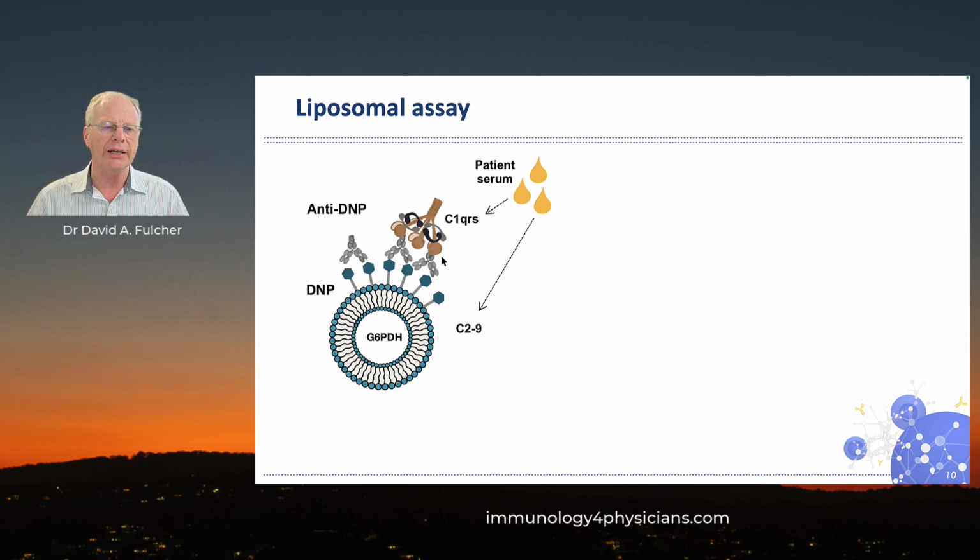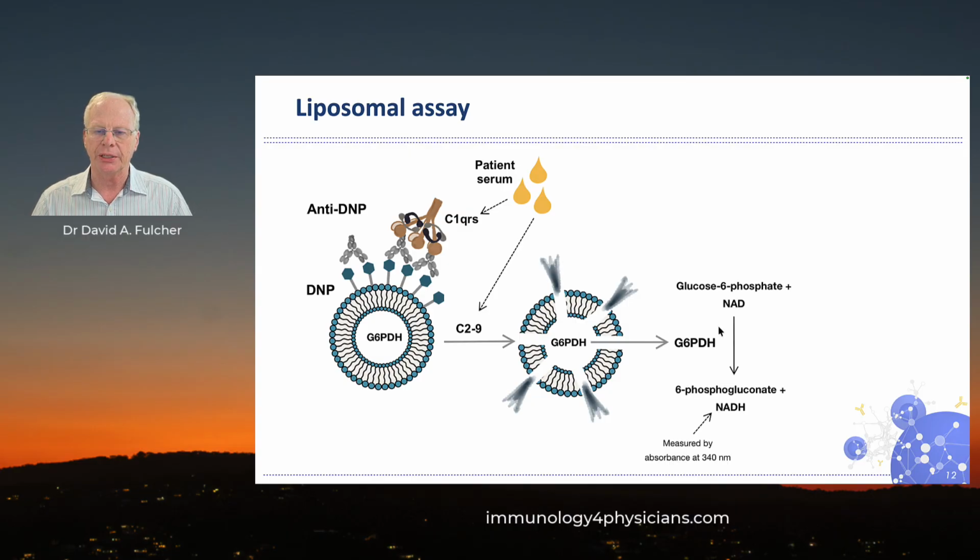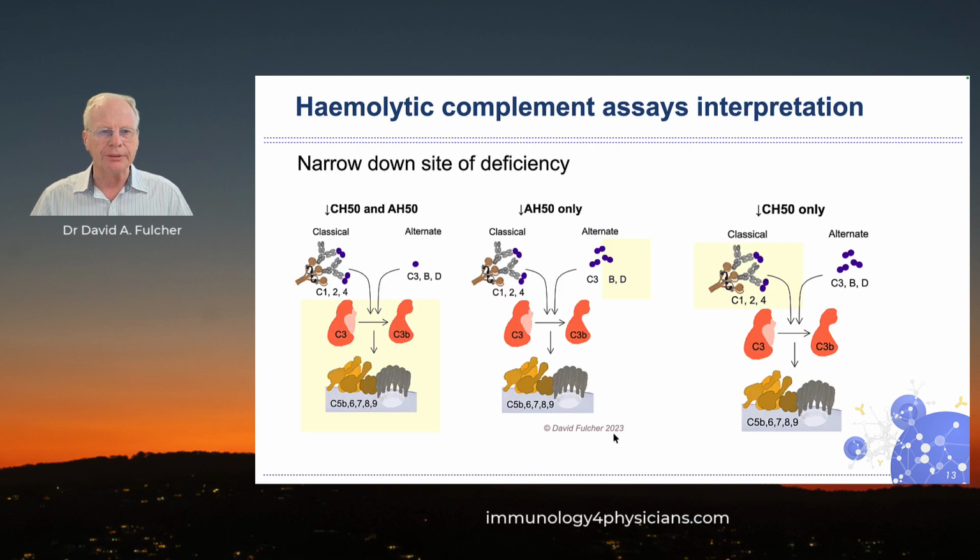That will then bind to that complex. The liposome will then be lysed by the membrane attack complex, release the G6PD, which will then convert G6P with NAD to NADH, and you can measure the amount liberated, again by spectrophotometer. So all these are variations on a theme. This one's nicely automated, so it's quite attractive.